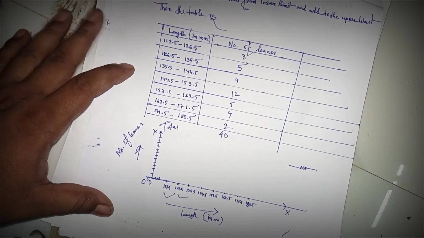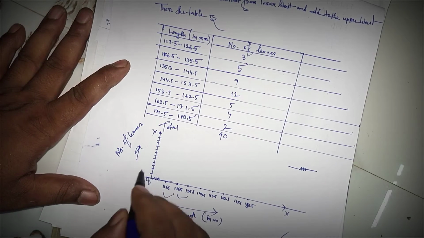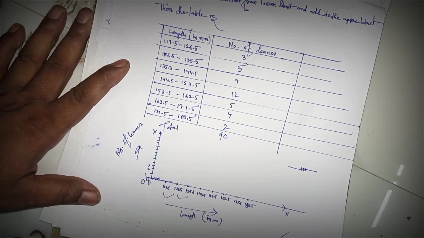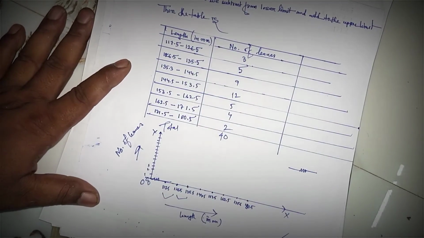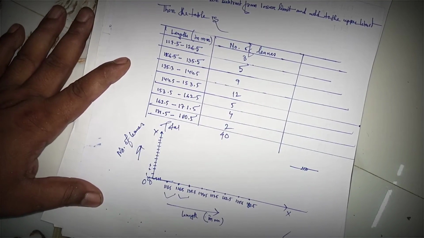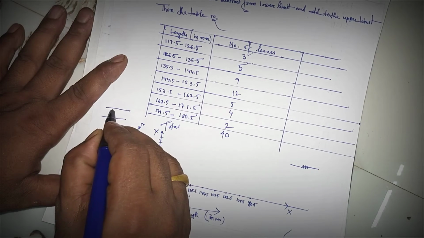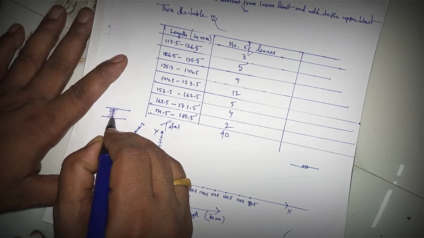In each and every video I already defined how to take this scale. When we draw on graph paper, it is either a centimeter graph or an inch graph. The centimeter graph is bigger; between these two lines there are 10 small divisions.